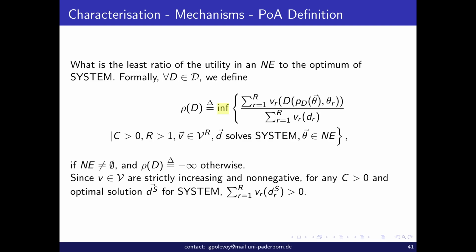Because already when you don't give them anything, it's non-negative. It's strictly increasing when you have something to divide, at least one is strictly positive. So the sum in an optimum solution will be strictly positive, so you are allowed to divide by it. Okay, after many words, that's the definition of the worst price of anarchy among all those games.